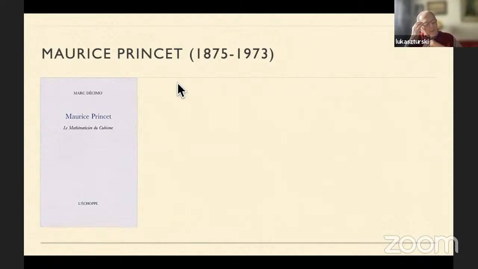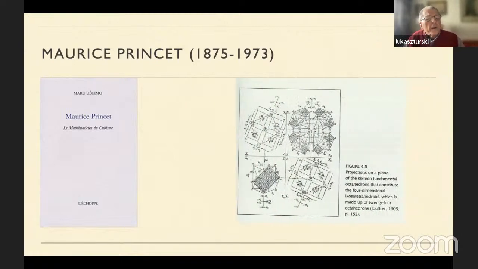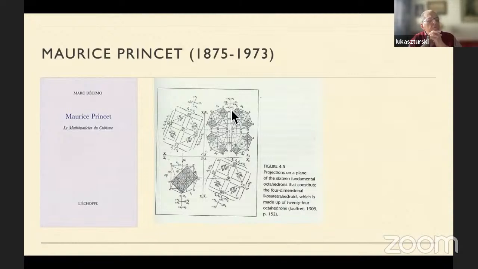And during the joint parties, Princet was telling those painters about the book we already mentioned, a book by the French engineer Jouffret, who had written a book about four-dimensional space geometry and how four-dimensional objects can be visualized by drawing projections on a two-dimensional space.